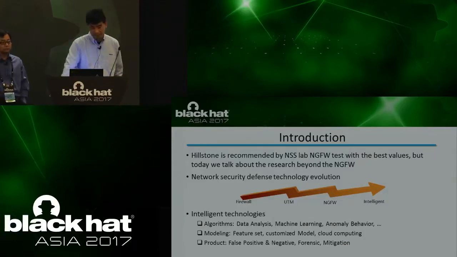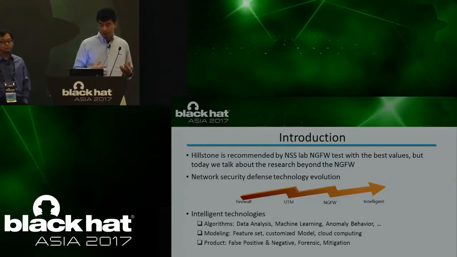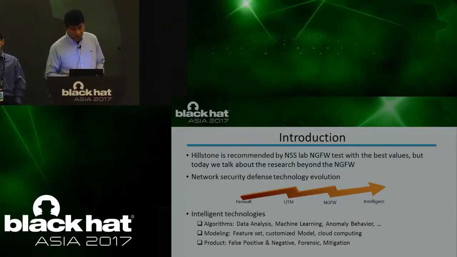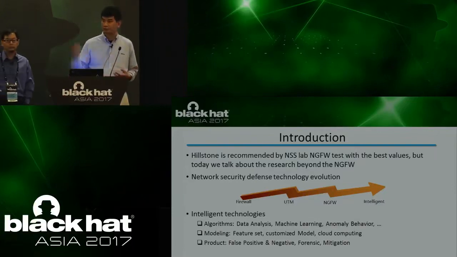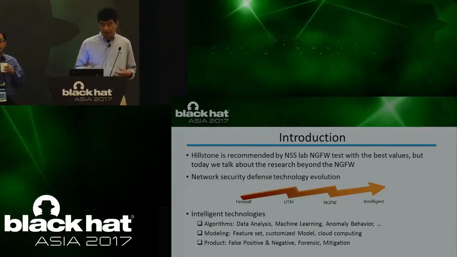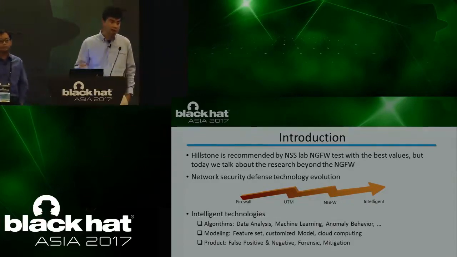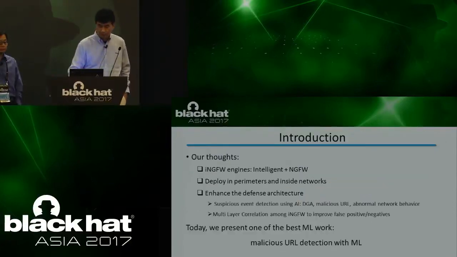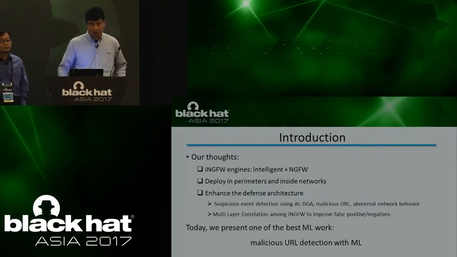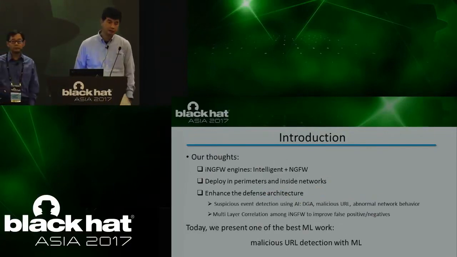From our view, false positives and false negatives are the key things we need to be concerned about. Also, like the keynote said, visibility: you need to provide full forensic visibility. And finally, because we talk about inline devices like a firewall, you also need to provide full mitigation.